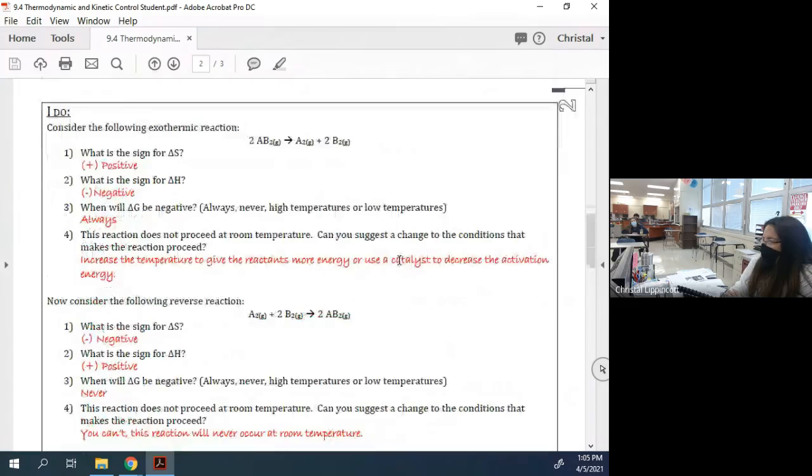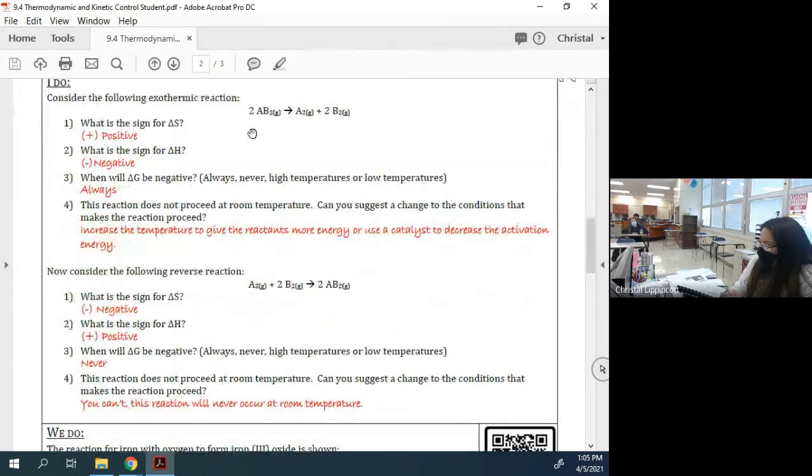Okay? If we look at this exothermic reaction, for example, this is going to be a positive for our delta S. You can tell that because we're going from 2 moles of material over to 3 moles of material, so we're getting more disordered here. Okay.